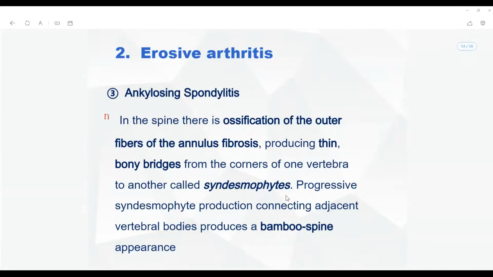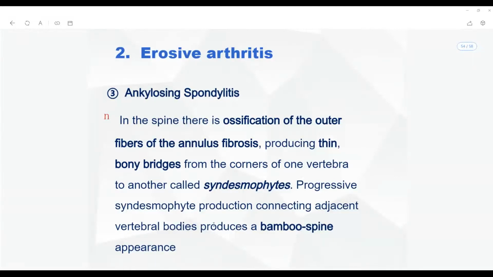This causes a typical appearance of the spine, which is called the bamboo spine appearance. Do not ever forget, this is a very important point. Bamboo spine formation is a typical appearance of ankylosing spondylitis. The bony bridges formed along the corners of the vertebrae are called syndesmophytes, which produce a bamboo spine appearance.